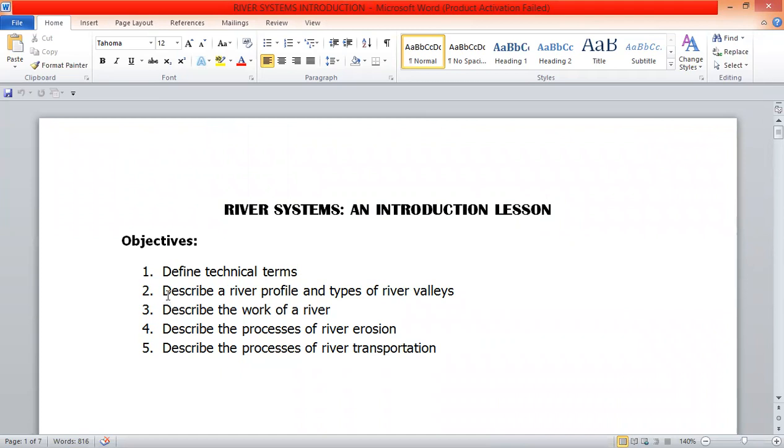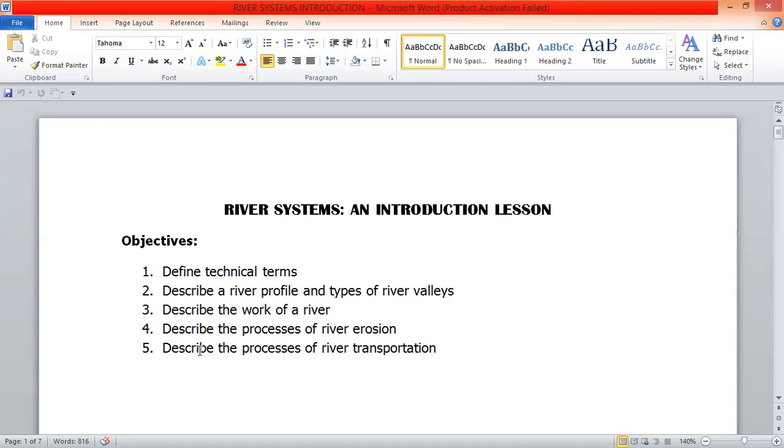The second objective is to describe a river profile and types of river valleys. The third objective is to describe the work that a river does from the upper stage through the middle stage down to the lower stage or towards the end of the river.